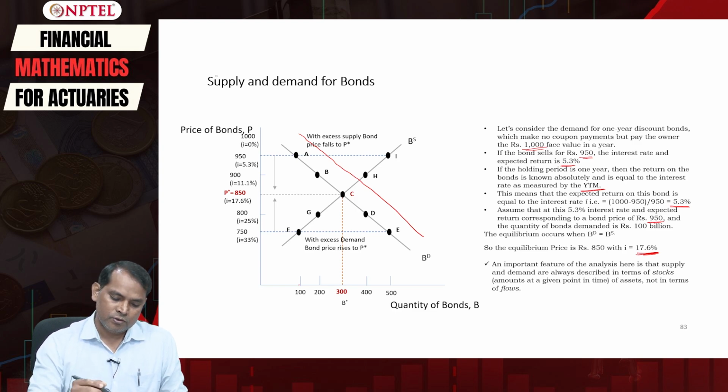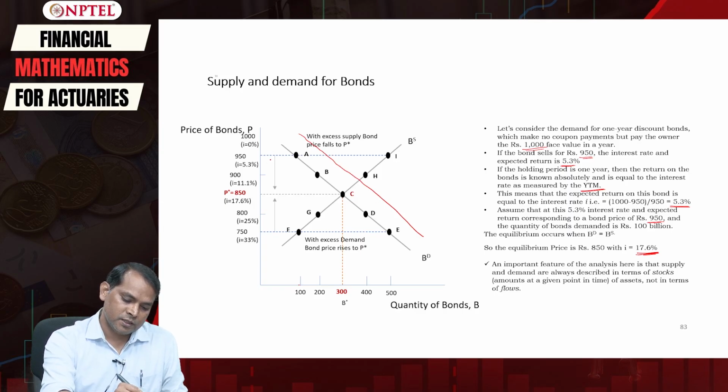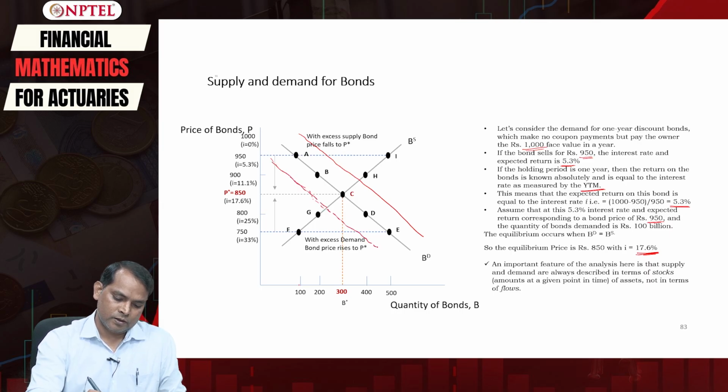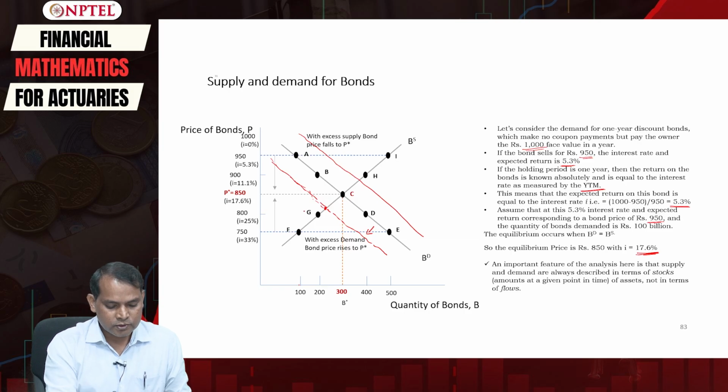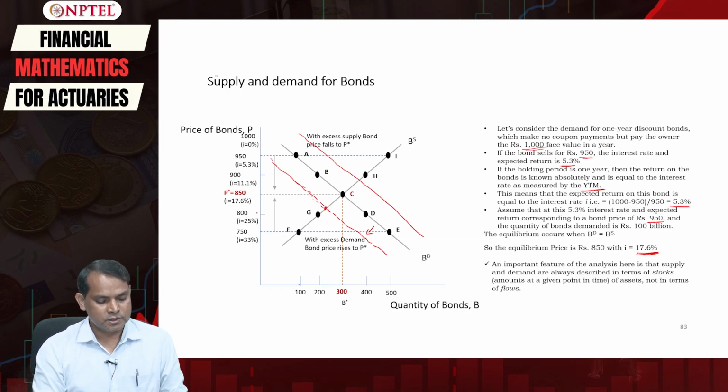On the other hand, if the demand curve is shifting to the left, that means this is the new equilibrium, then the equilibrium price now decreases, and therefore the equilibrium interest rate will increase.